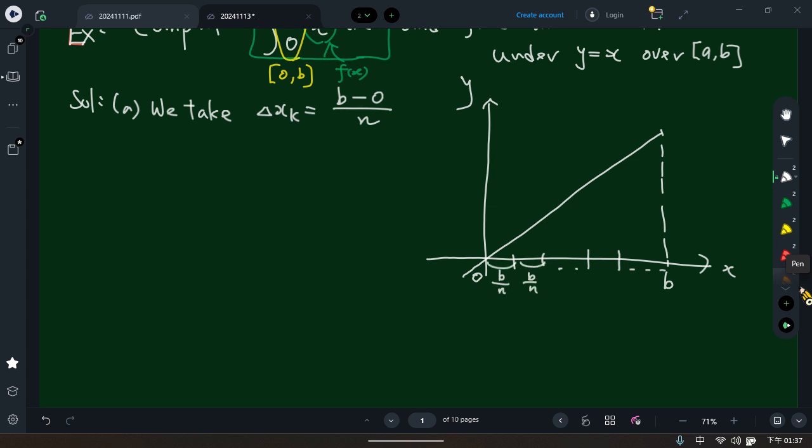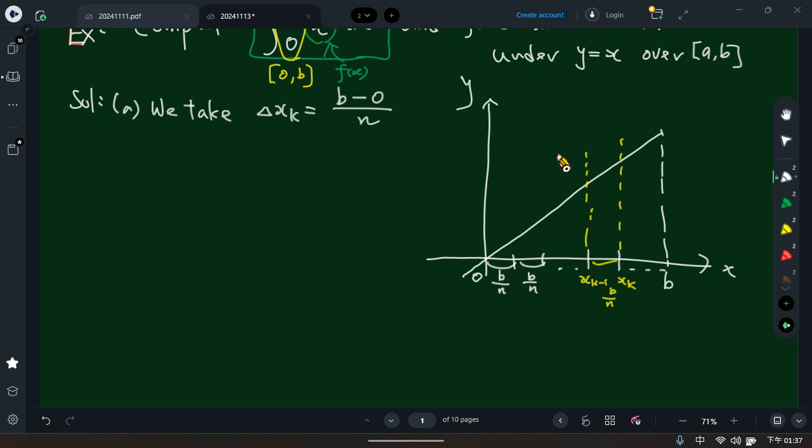And especially for x_{k-1} to x_k, the typical part, its length is still b over n, right? And for each piece, I need to pick up one point, right?